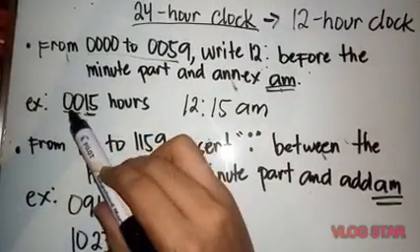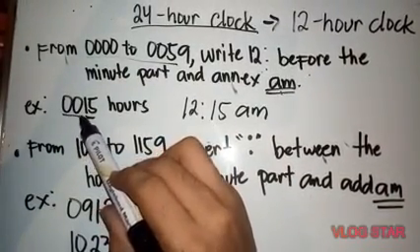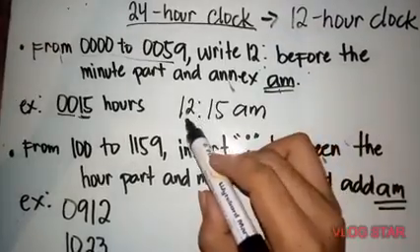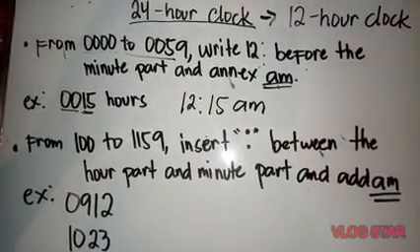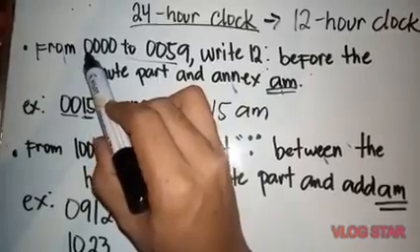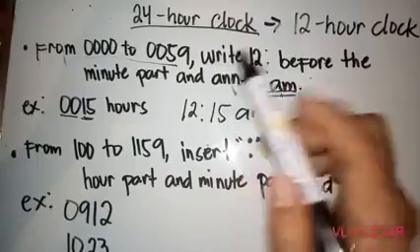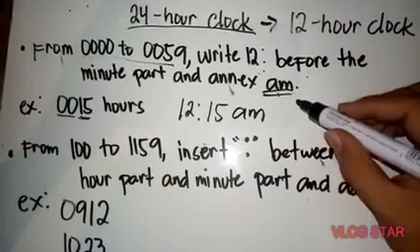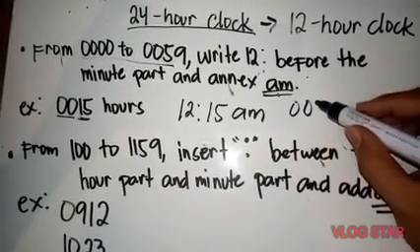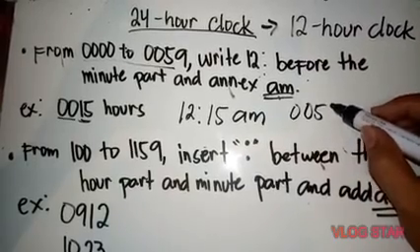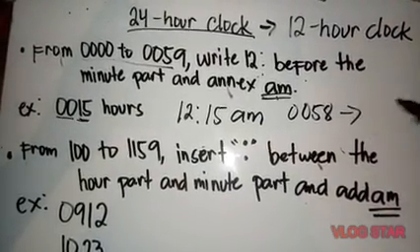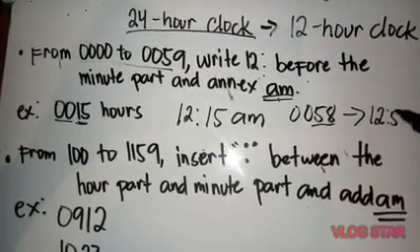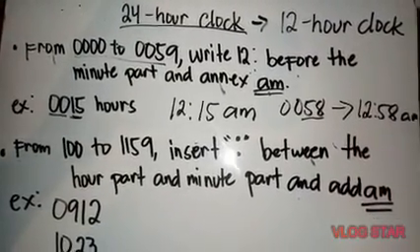So 0015 hours, when we write it in 12-hour clock, it becomes 12:15 AM. So you should consider the bracket. Let's try 0058. Just write 12 before the minute part, then copy the minute part, then add AM.